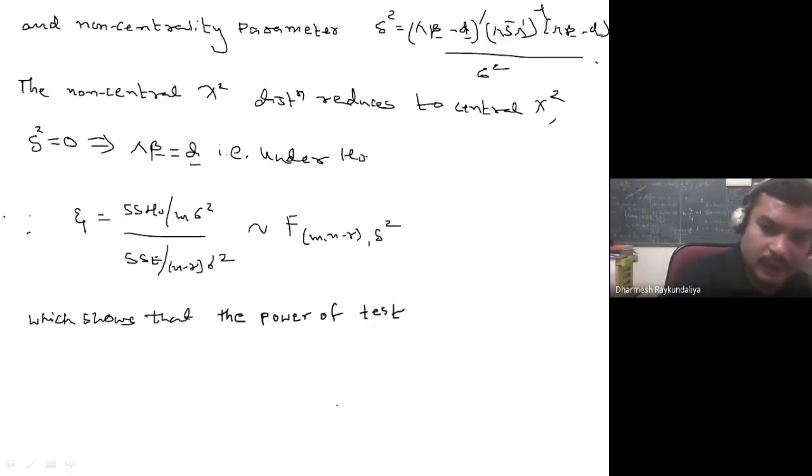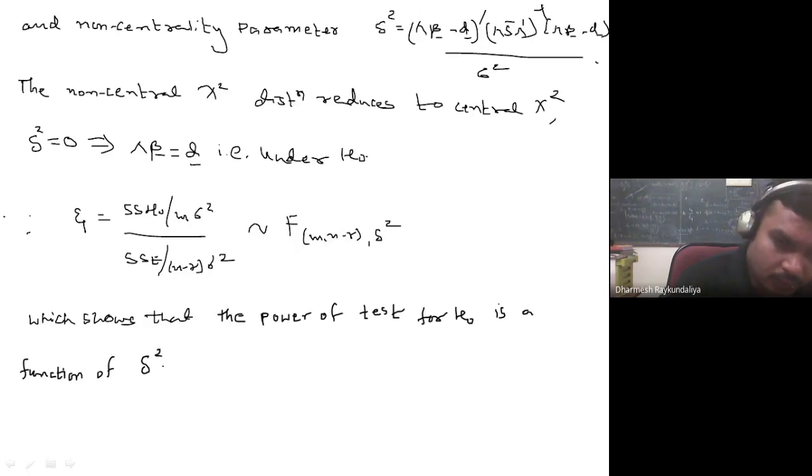So the power of the test for H0 is a function of delta square, m and n minus r.